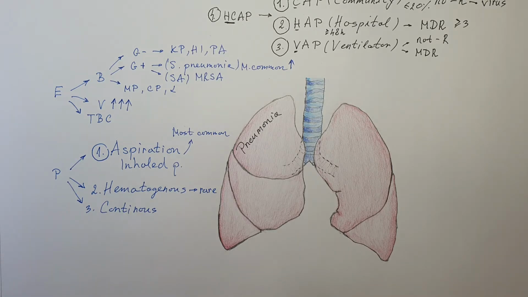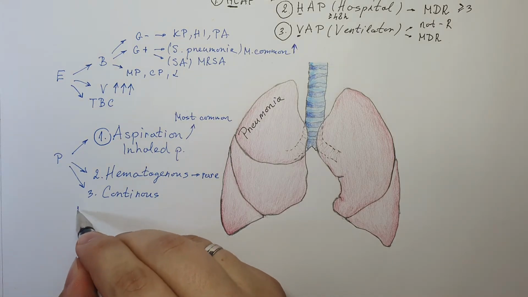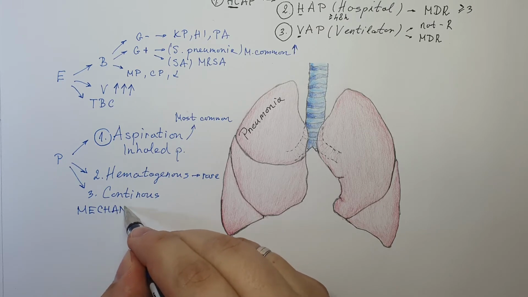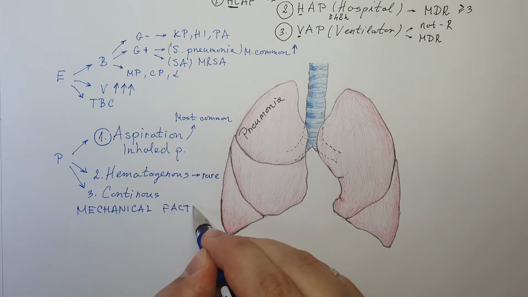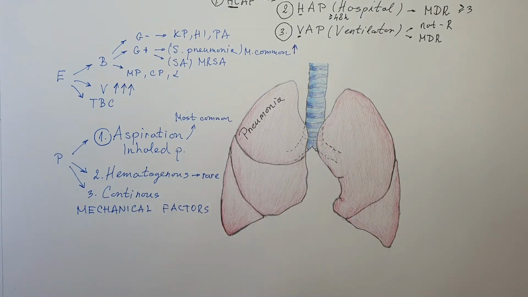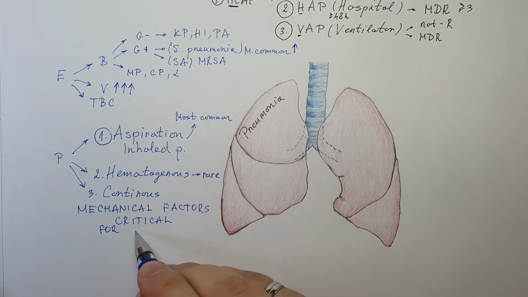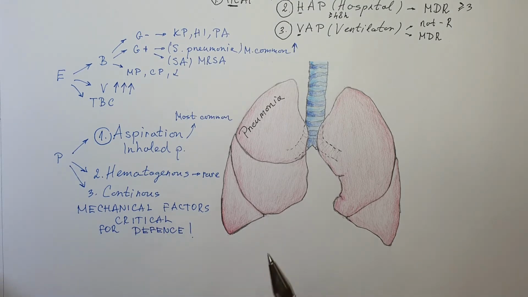So regarding the pathophysiology of the development of pneumonia, it has always been emphasized that our mechanical barriers or factors are actually critical for the defense against pathogens that cause pneumonia.